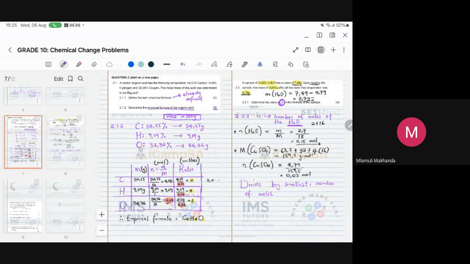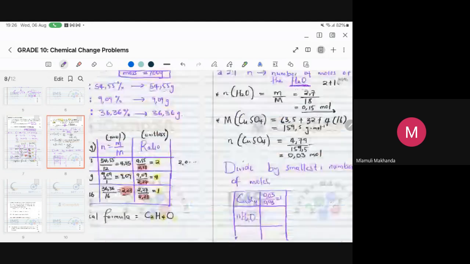So now, you would typically do this if you wanted to follow the table method, but typically I'll just divide everything by the ratio. So you have copper sulfate, and you have water. What you would do is take the ratio, which for copper sulfate, we found, is 0.03 over 0.03.